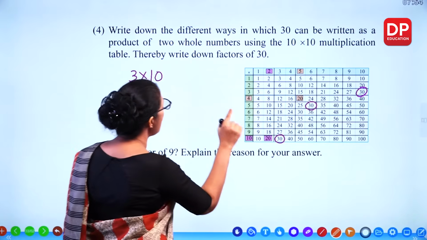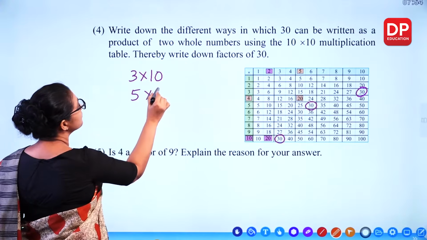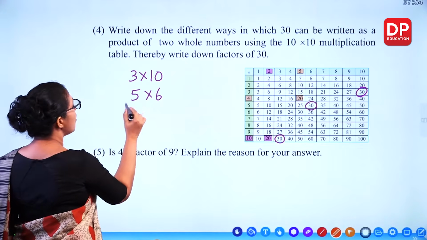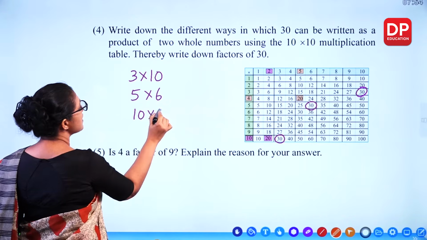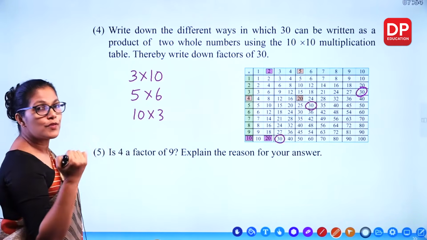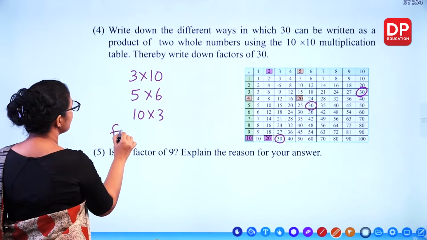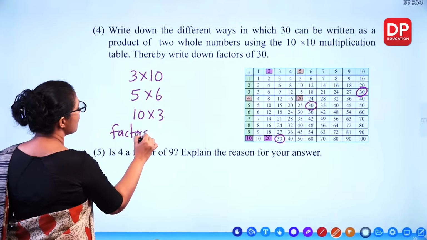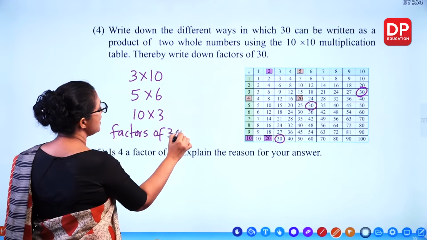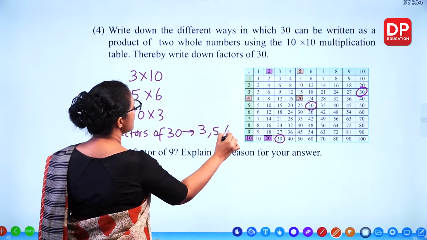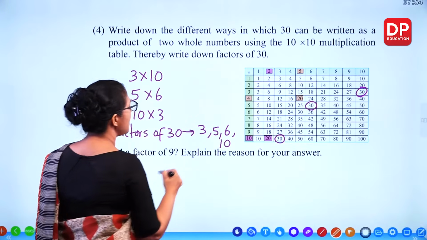Or 5 times 6. Or 10 times 3. That's the same thing. So what are the factors of 30? Factors of 30. 3, 5, 6 and 10.